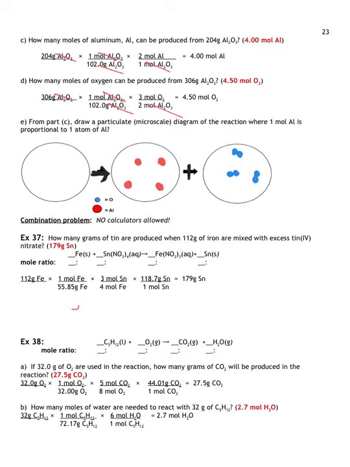Now, aluminum oxide is a solid, and I'm going to draw each unit of aluminum oxide. Let me start off with the reds, okay? 2 aluminum oxides, and it's going to have a crystal lattice structure, so watch me do this so you can see how I would draw aluminum oxide.